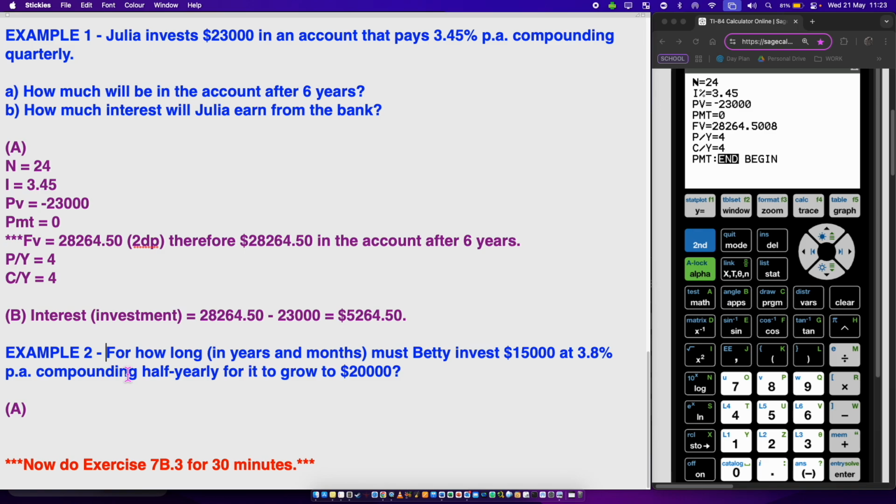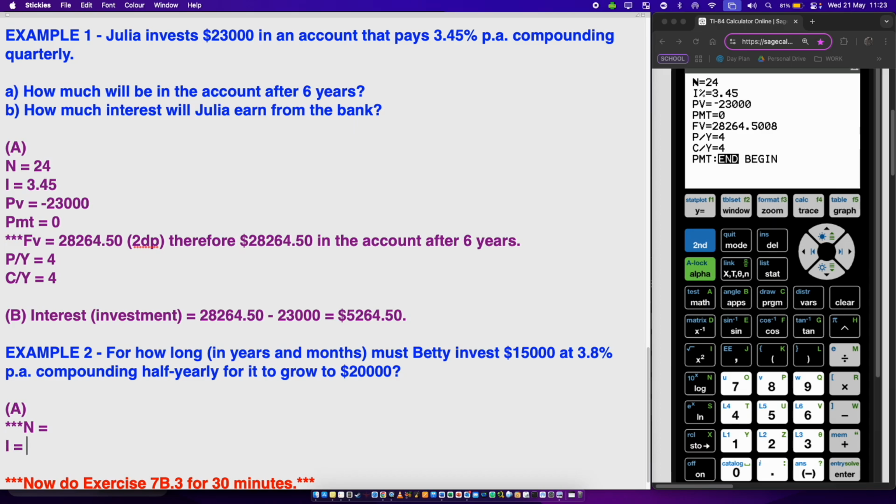Which of the variables in TVM Solver is the closest to time period, how long it takes? Yeah, N. See how N in example 1 was 24 quarters of a year? So I could divide that by 4 to work out how many years, it'd be 6. So in this case, I'd be solving for N.